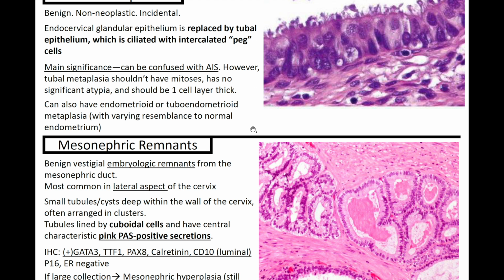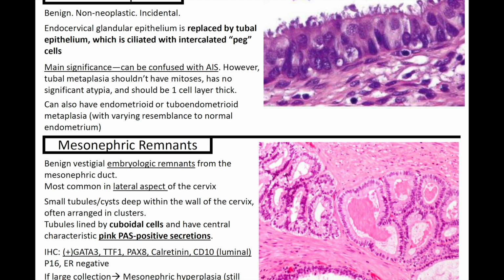The next category are mesonephric remnants. These are benign vestigial embryologic remnants from the mesonephric duct, most common in the lateral aspect of the cervix, and they are small tubules or cysts deep within the wall of the cervix, often arranged in clusters.